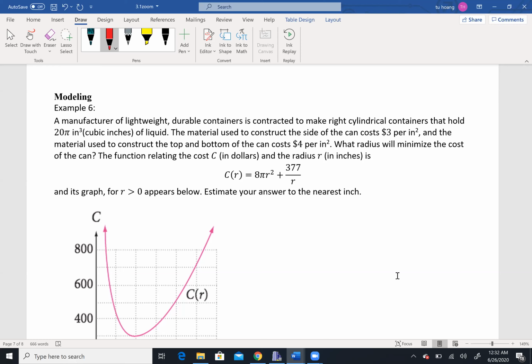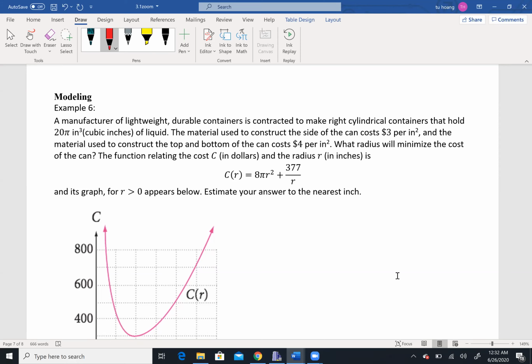The manufacturer of lightweight, durable containers is contracted to make round cylindrical containers that hold 25 cubic inches of liquid.